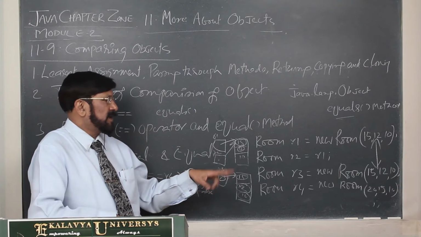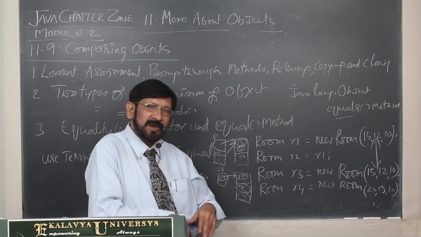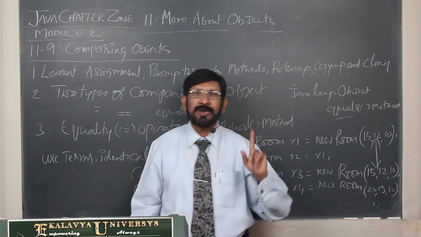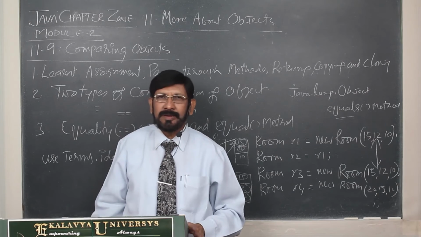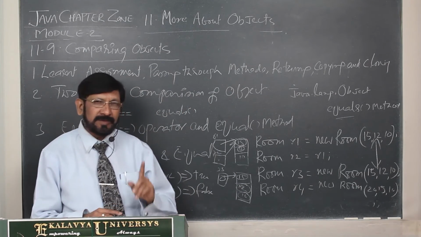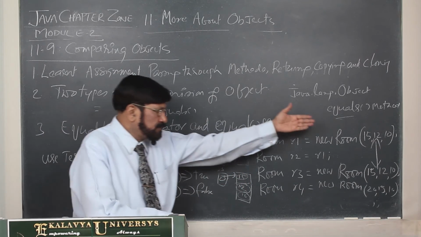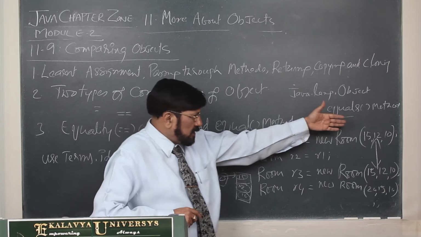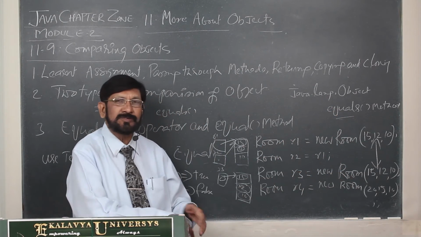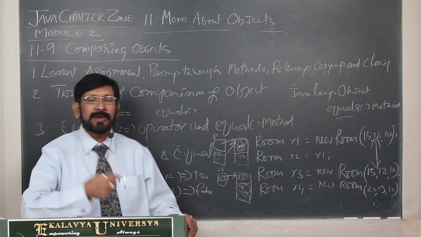After understanding that, by using the equals method of the Object class, you can compare the equality of the contents of the objects. Okay, these points you must clearly understand. Otherwise, instead of testing object equality, you may perform a reference equality check, and you may not get the expected results.